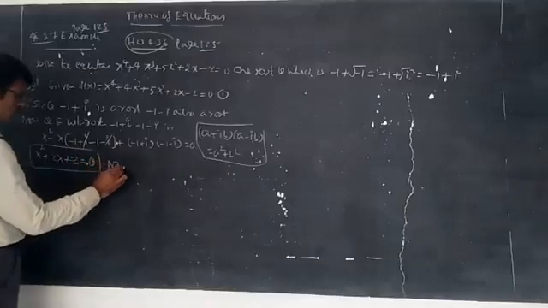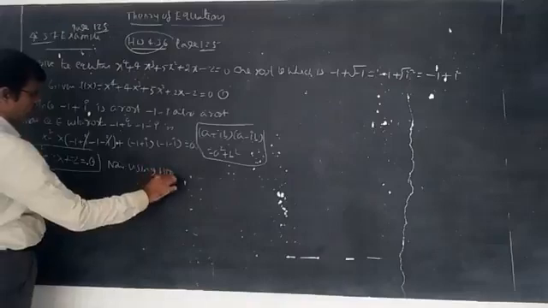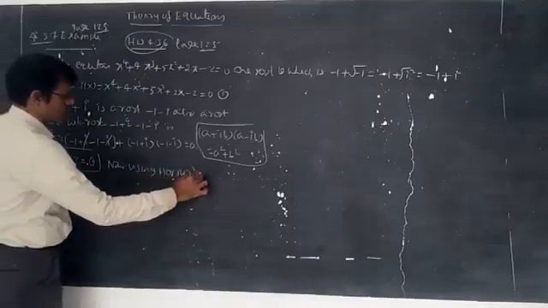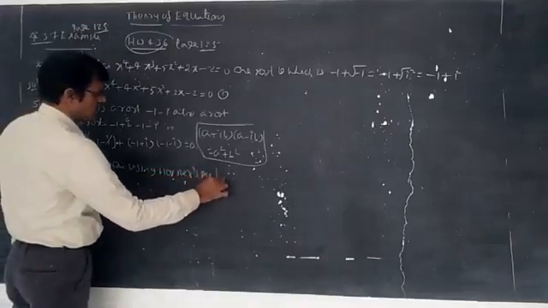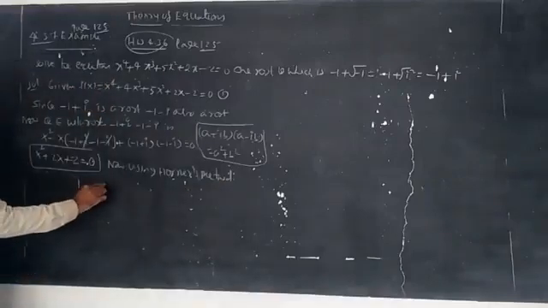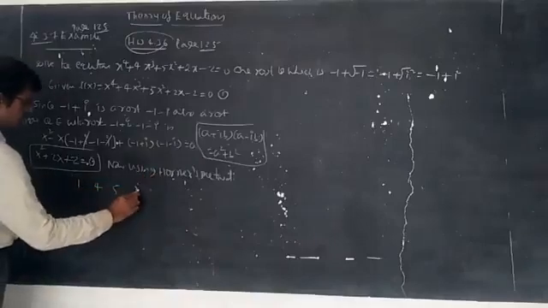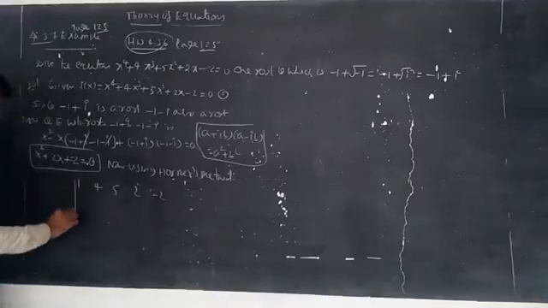Now, using Horner's method, we write the coefficients of x^4: 1, 4, 5, 2, -2.